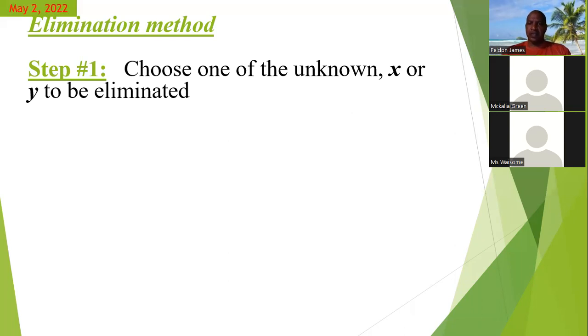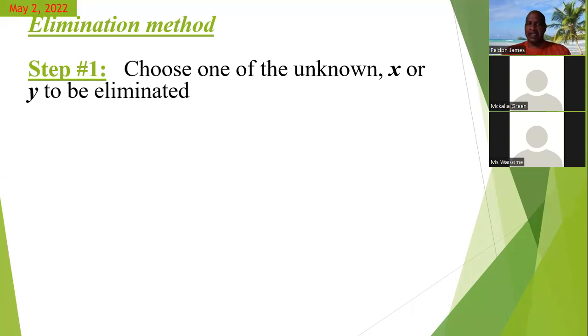When you have 2 equations and you have to solve them together, as the word elimination suggests, anybody knows what the word elimination means? Get rid of, sir. Get rid, right.